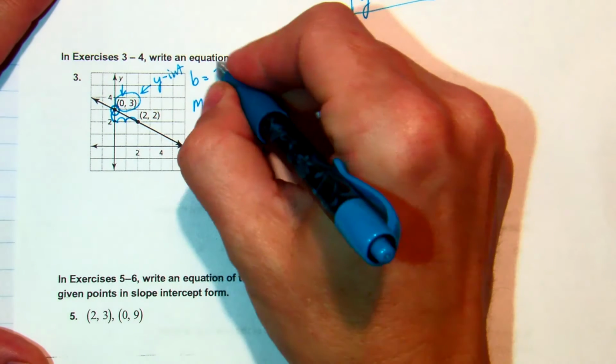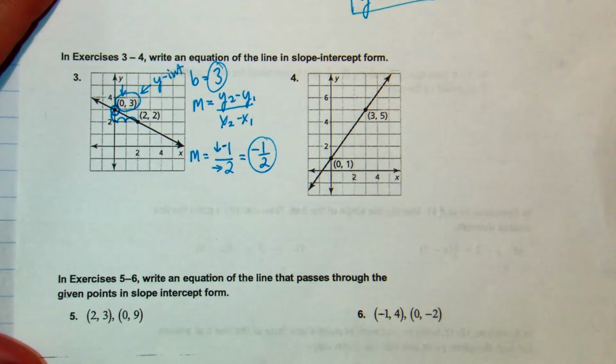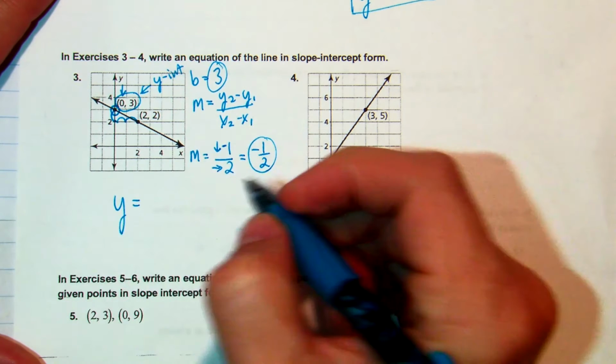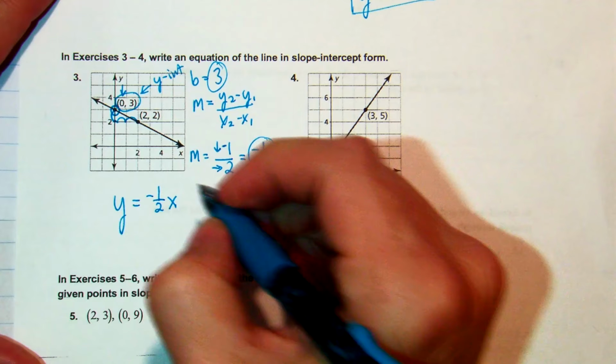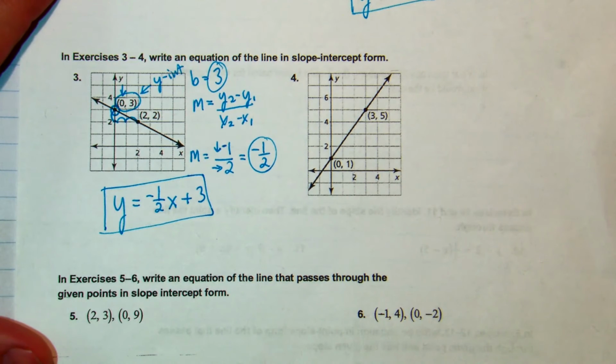So now we have our y-intercept, and we have our slope. So we can just drop that into our formula. y is going to equal negative 1/2 x plus 3. And that is it.